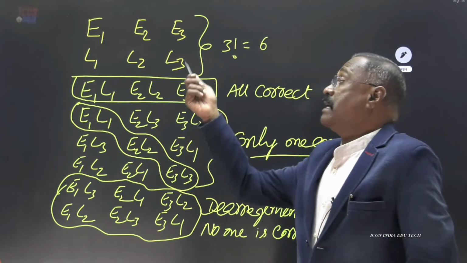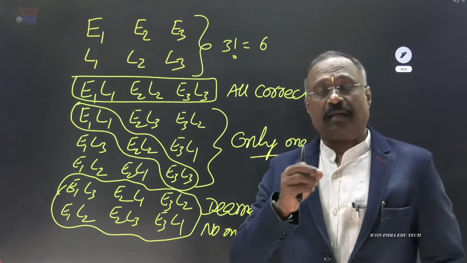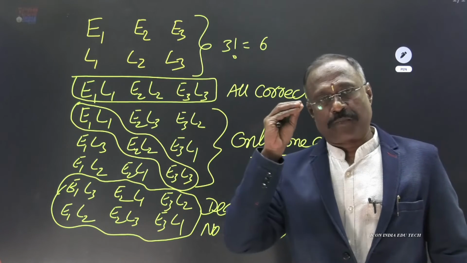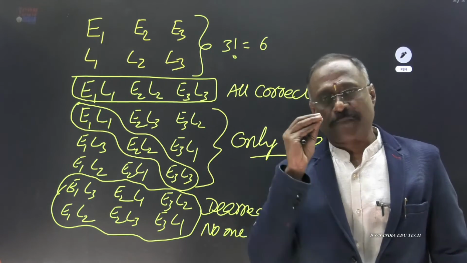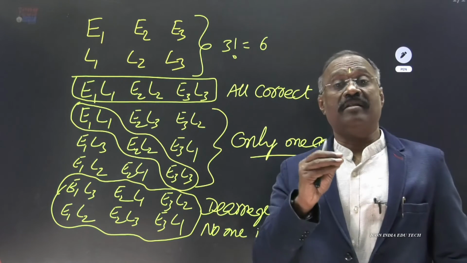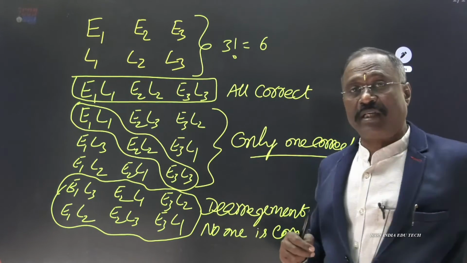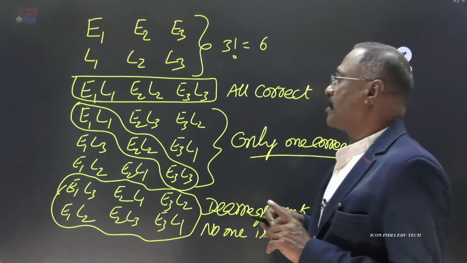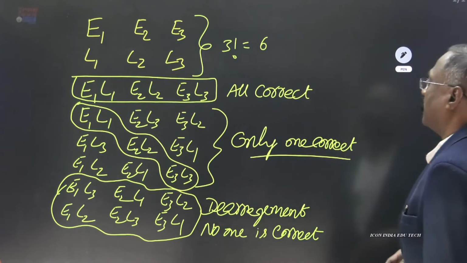So de-arrangement means, if some objects are there and for those objects some specified places are there, if no object is placed in its specified place, then that is said to be a de-arrangement. This is the example I have taken. Now we will have a formula for the number of de-arrangements.